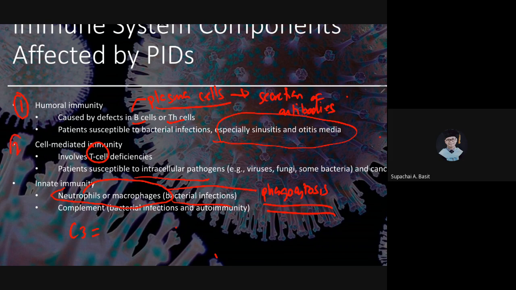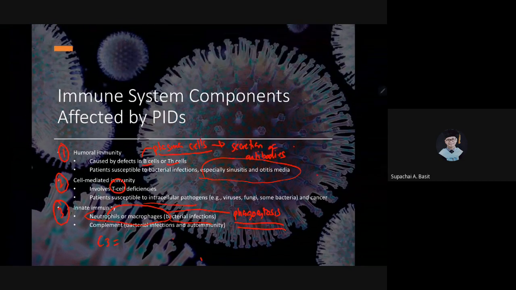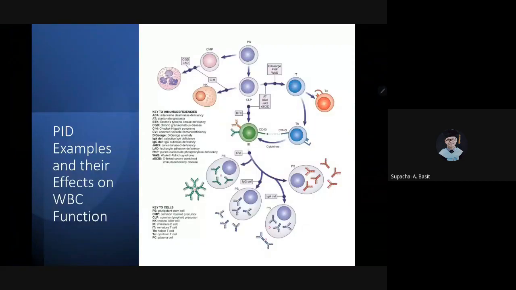So again, these are the three components that may be affected by primary immunodeficiency disorders. They say that a picture paints a thousand words. So this particular picture would tell us a very significant story.